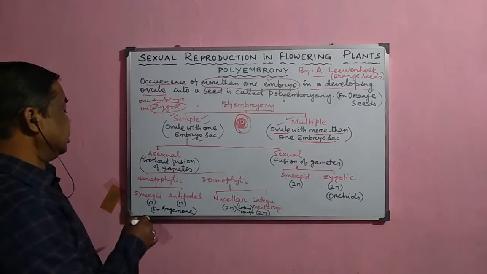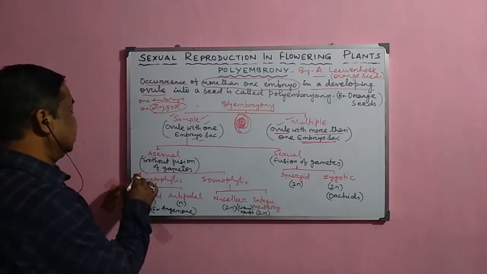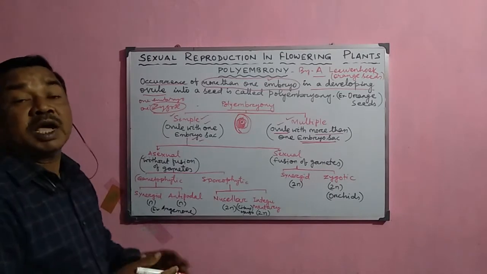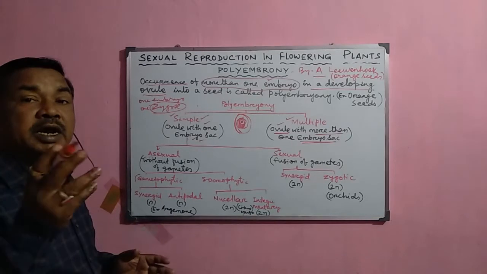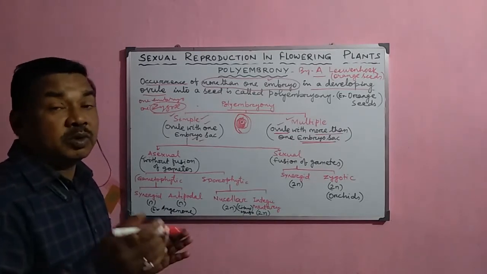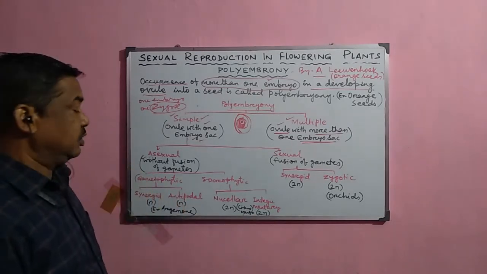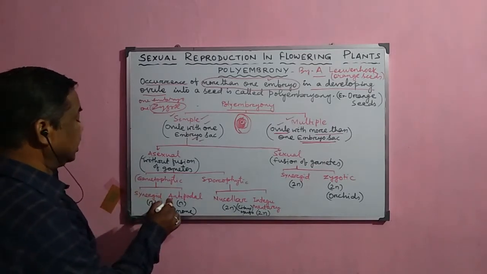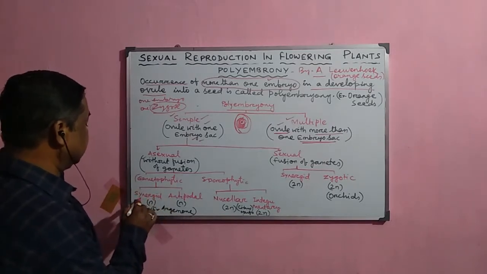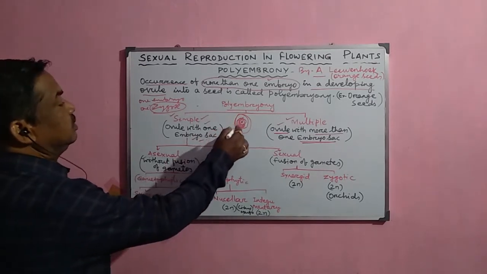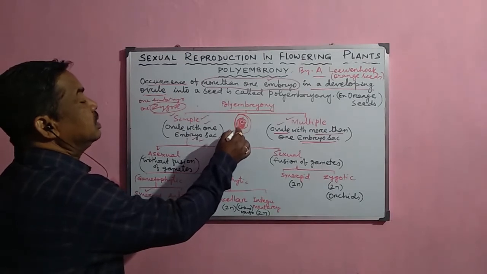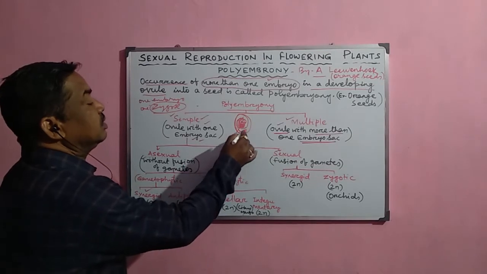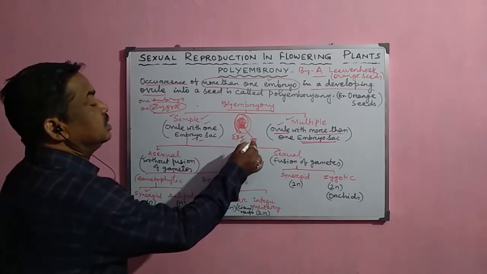In the life cycle of the angiospermic plant, the gametophytic and sporophytic phases are observed, and in the gametophytic phase there are different types of cells like the synergid cells. As we observe here, these are the synergid cells adjacent to the egg cell. This middle cell is the egg cell, and on either side are the synergid cells.